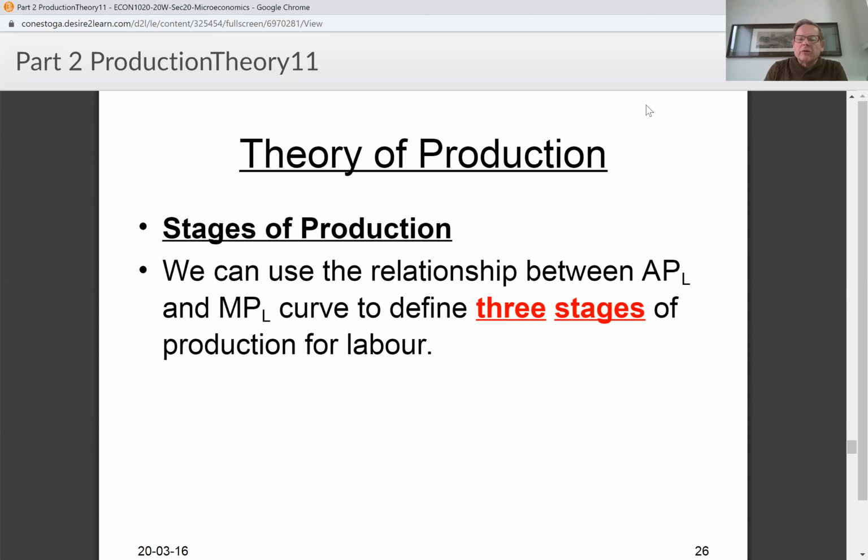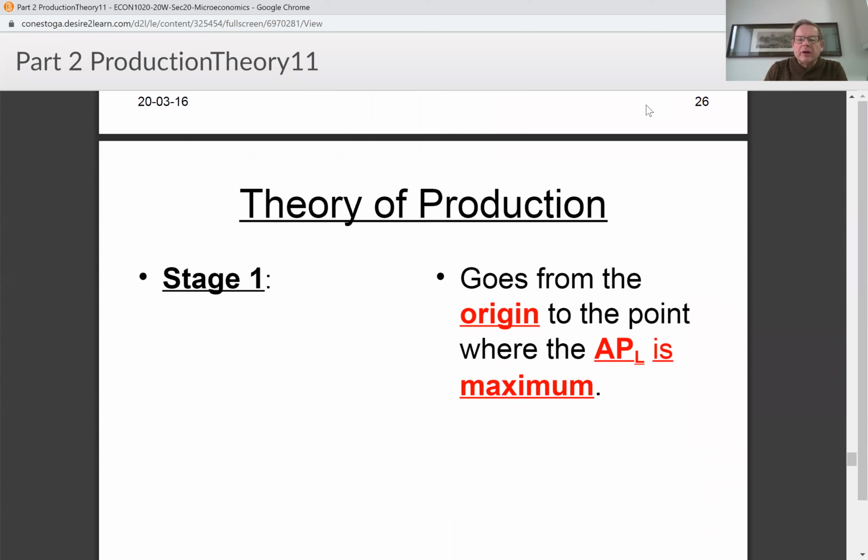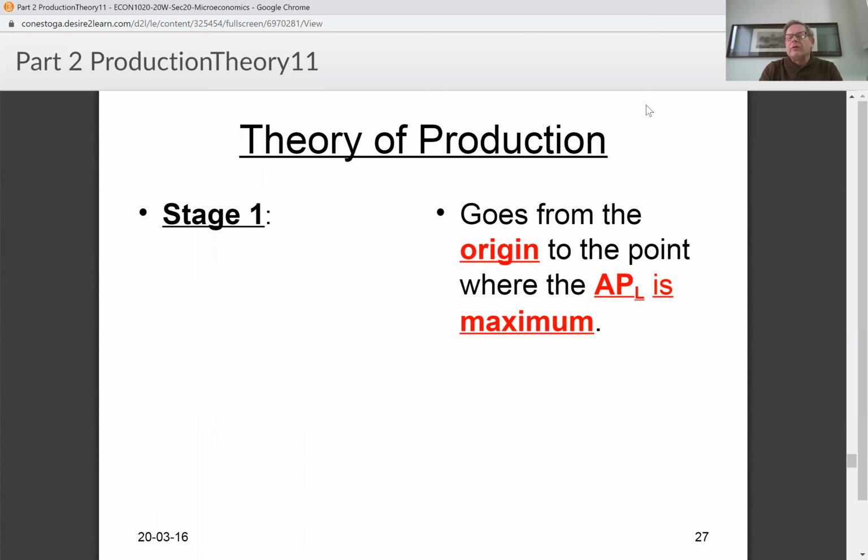The marginal product curve is divided into three stages of production. The first stage of production goes from the origin to the point where the APL is maximum.